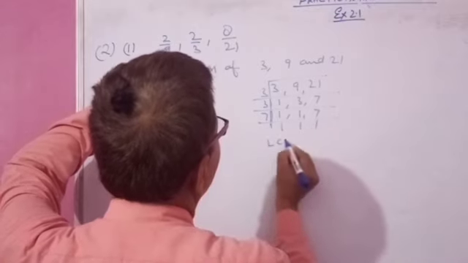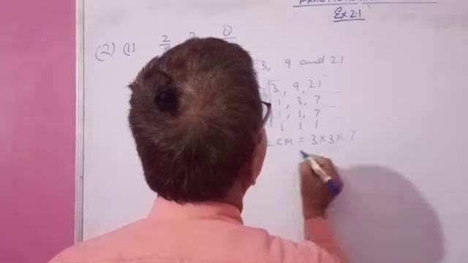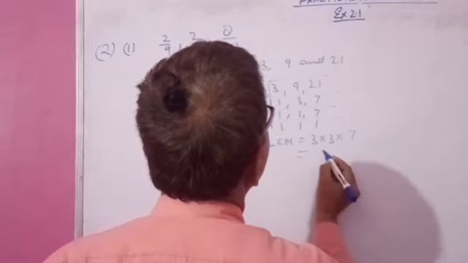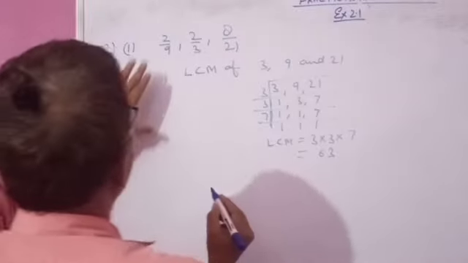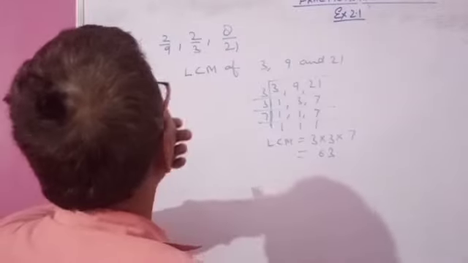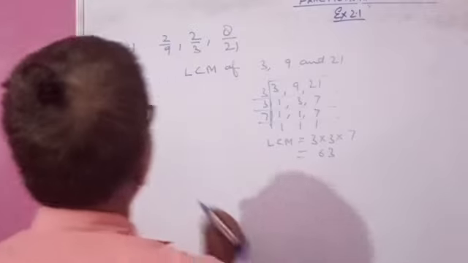Now LCM equals 3 multiplied by 3 multiplied by 7, that is 63. 63 will be the LCM.